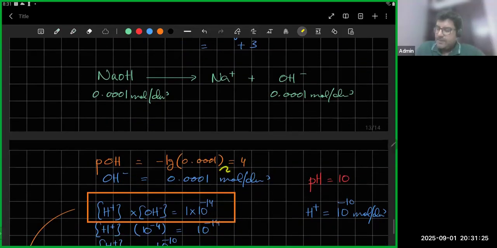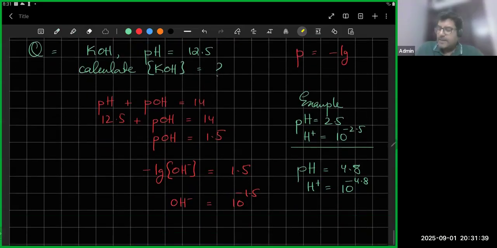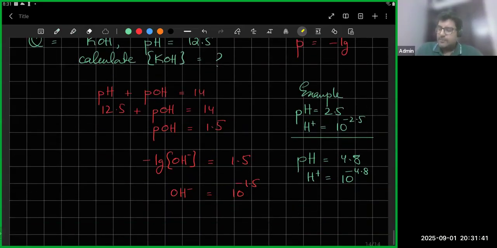If someone says your pOH is 4, that means the OH concentration is actually 10 power minus 4, okay? So make sure you know how to go back once you take the negative log. Okay, someone says pH is 13, right?